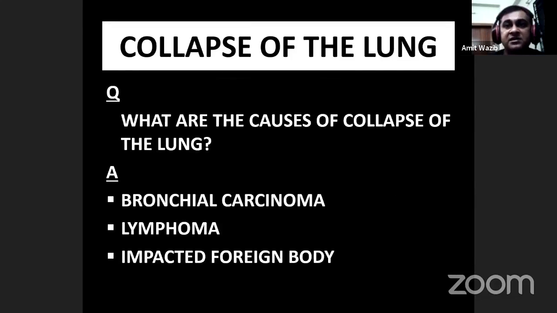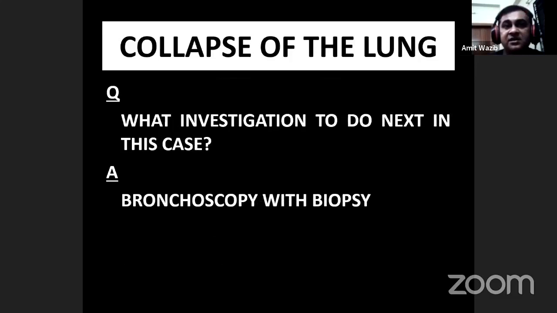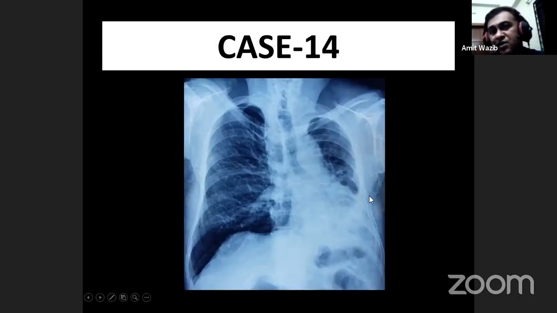So I have already discussed the causes and the investigation. This is another case. Here there is a lesion in the lower zone of the left lung field, and it has also caused shifting of the trachea and the heart towards it. So this is also a case of collapse, but the entire left lung is not collapsed here.